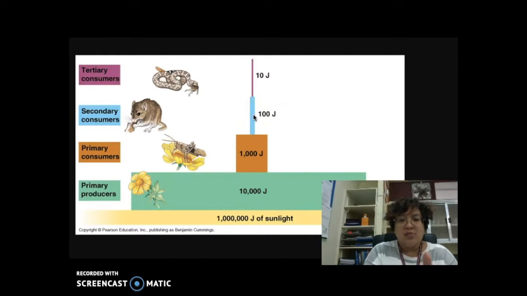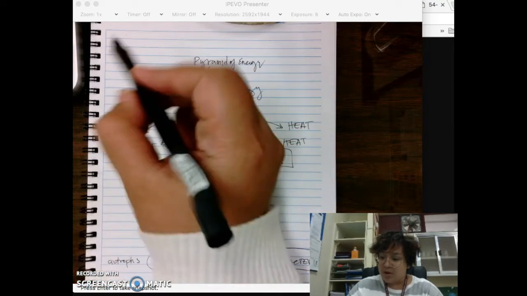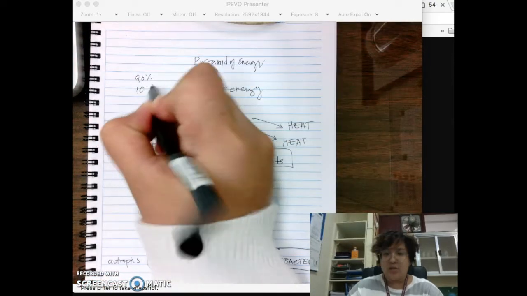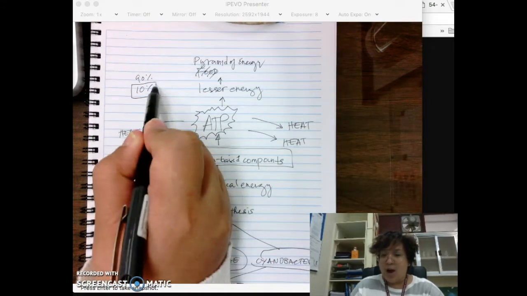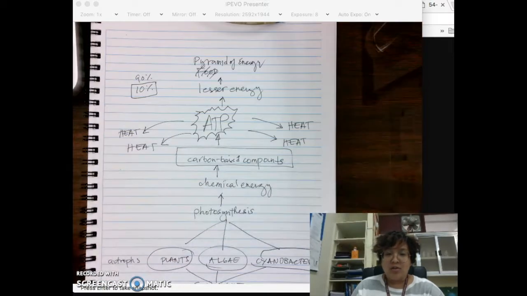And this is because, again, from this organism to this organism to this organism, each of these consumers, when they consume their food, they also metabolize it, and they release heat to their environment as a byproduct of the metabolism of the different molecules. Some magic numbers here that you need to remember are 90% and 10%, which means that only 10% of the energy is passed on to the next organism in the trophic level.